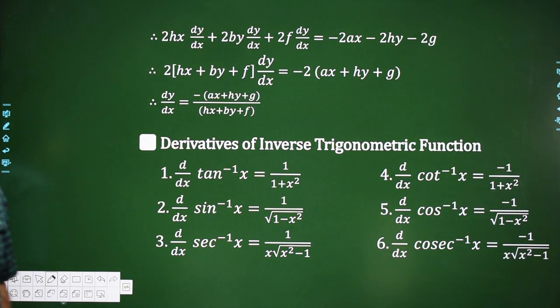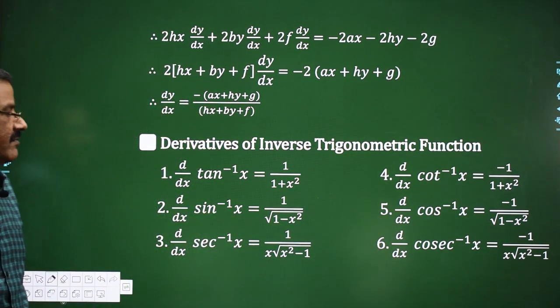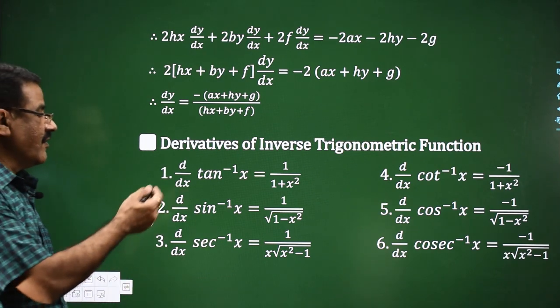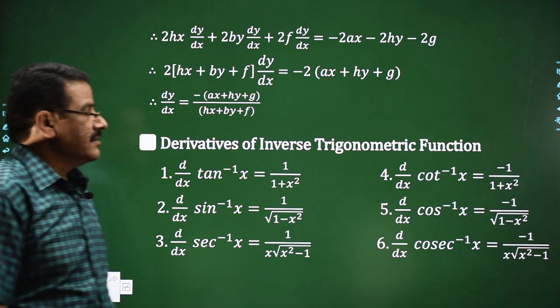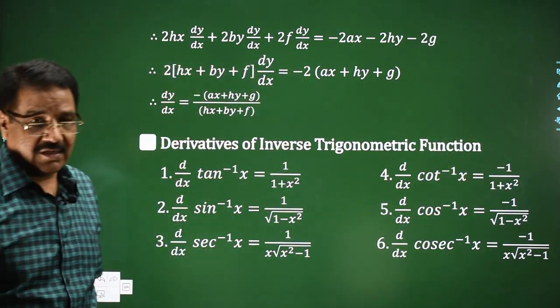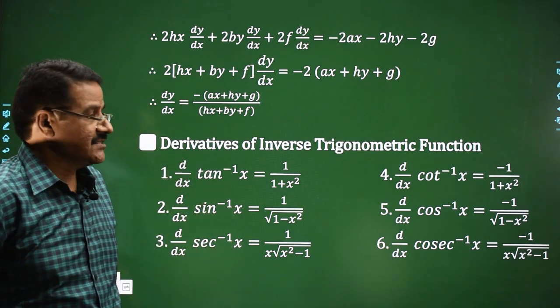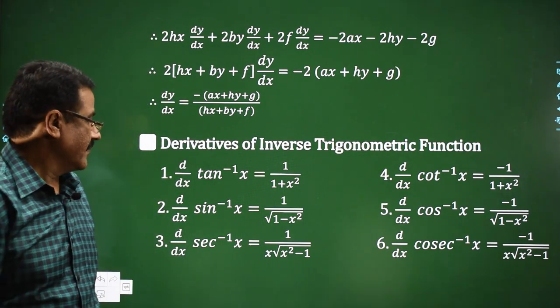Now, derivatives of inverse trigonometric functions. These are the formulas that you have to remember. You can do the revision of these formulas. For example, derivative of tan inverse of x is 1 upon 1 plus x square. Then derivative of cot inverse x is minus 1 upon 1 plus x square. What is your observation? Derivative of tan inverse and derivative of cot inverse are equal and opposite.